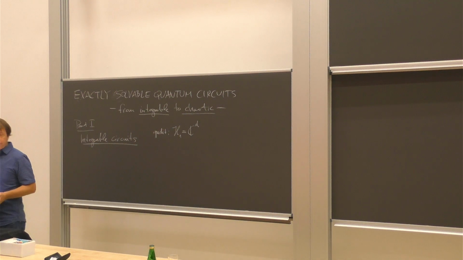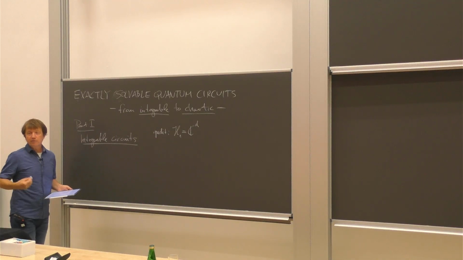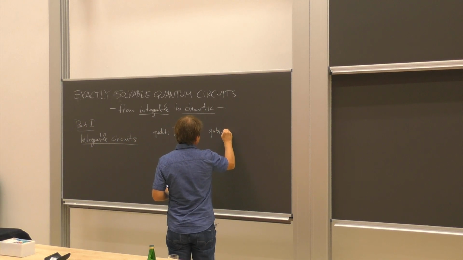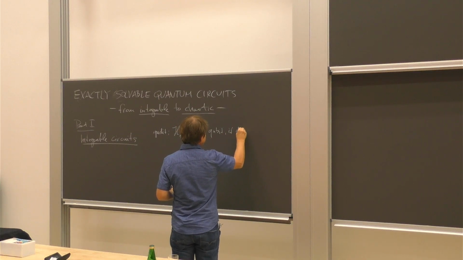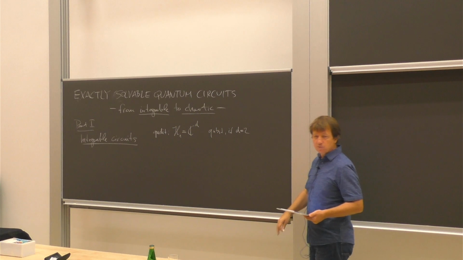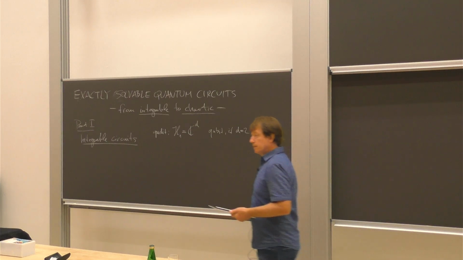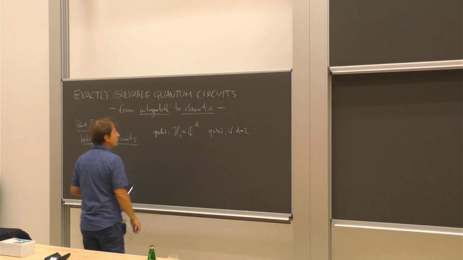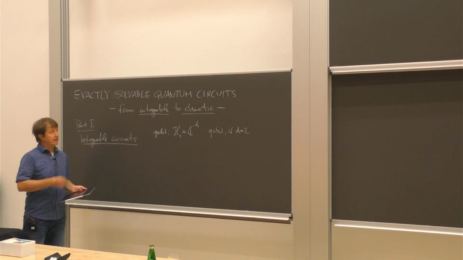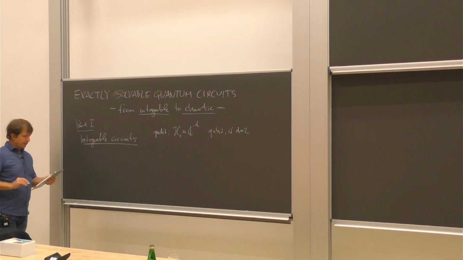For all examples, this will be qubits, so d will be equal to 2. This is the standard quantum of quantum information that people use when they try to abstractly encode many body states into quantum computers. This is the smallest unit you can have.